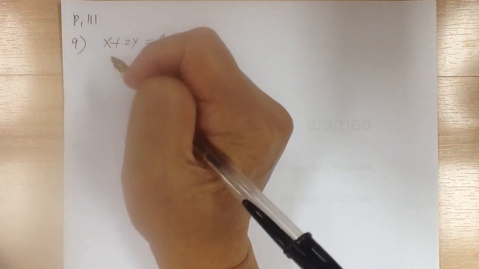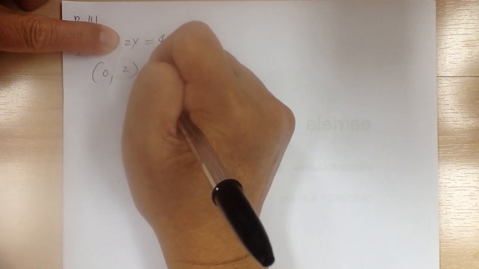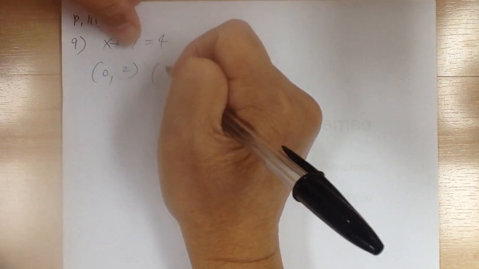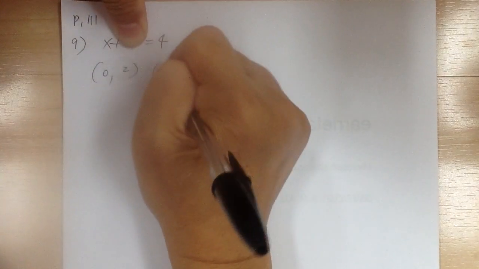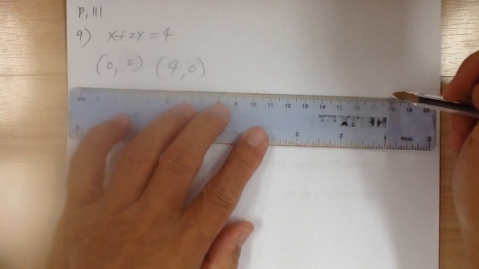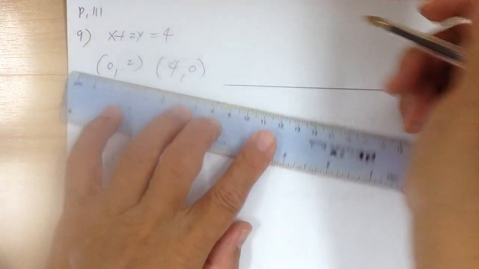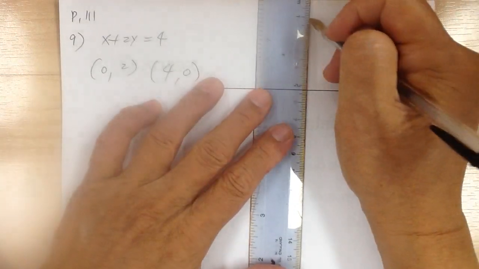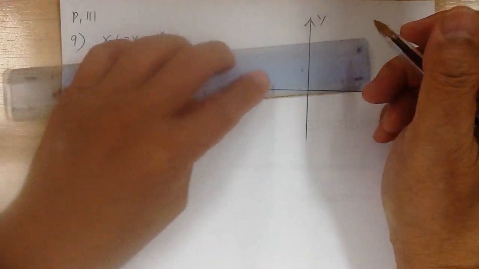Okay, so again, let's go and get an intercept point. Set x equal to 0, then y will equal 2. Then after that, go and set y equal to 0. Then x will equal 4. Okay, so now you can go ahead and sketch. So again, that's your x-axis, y-axis.